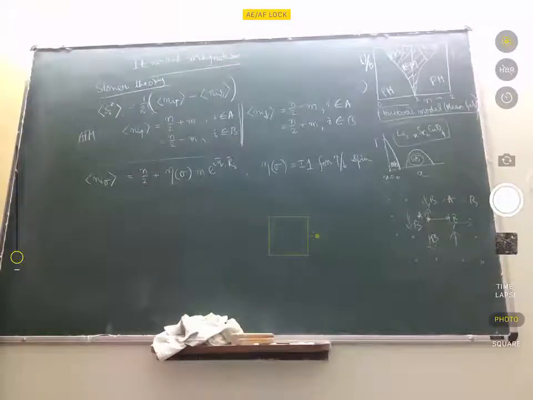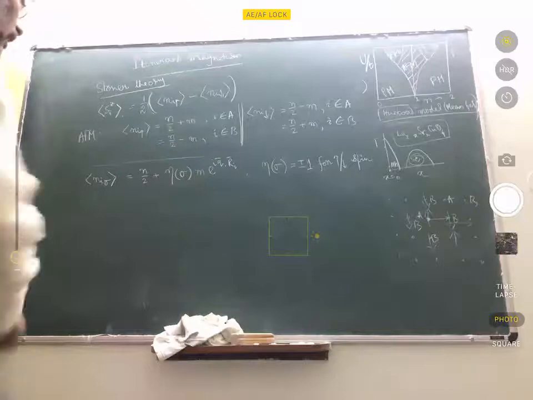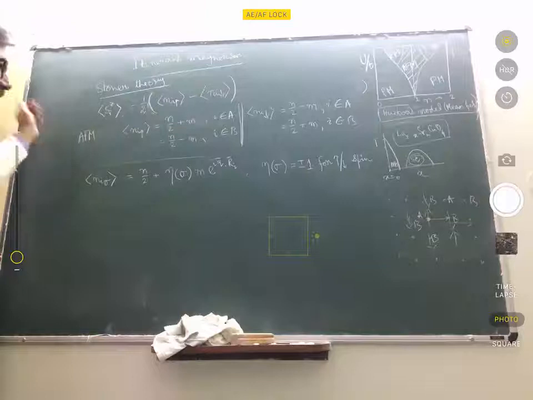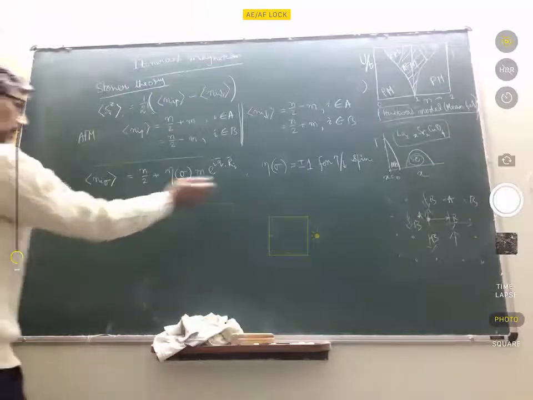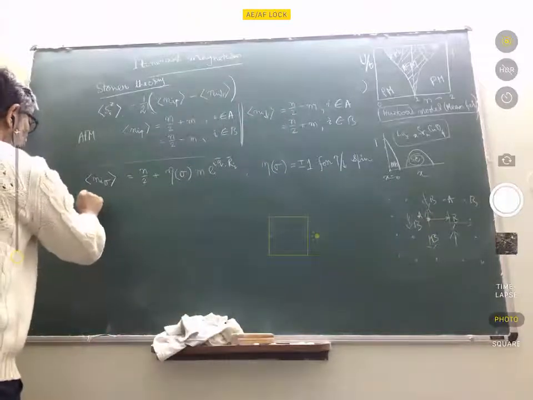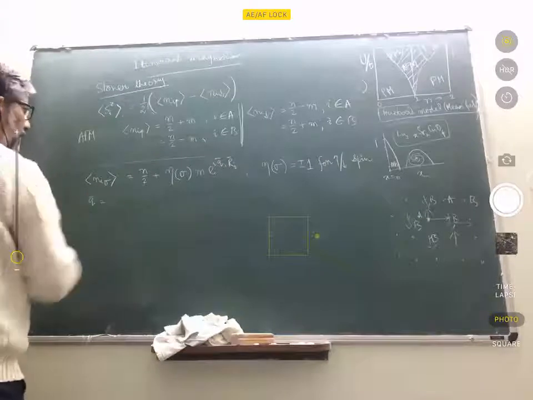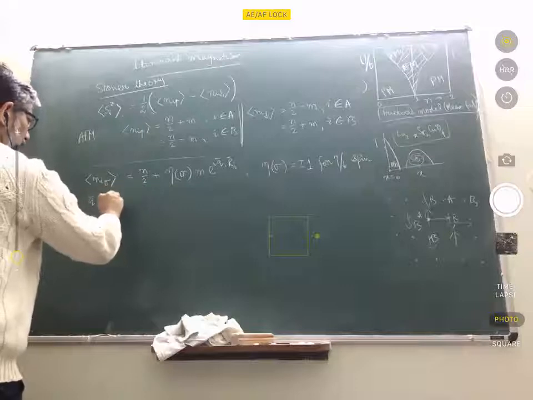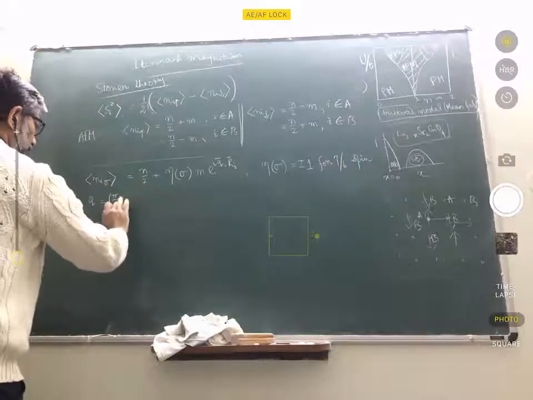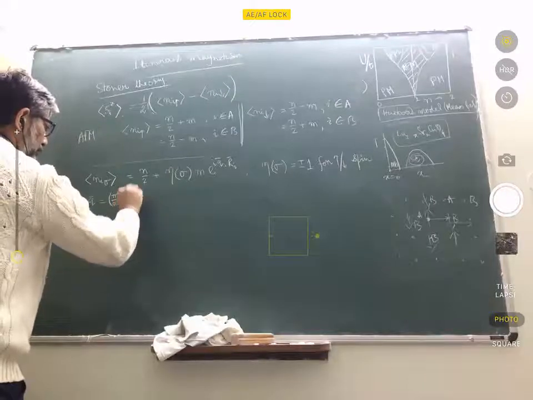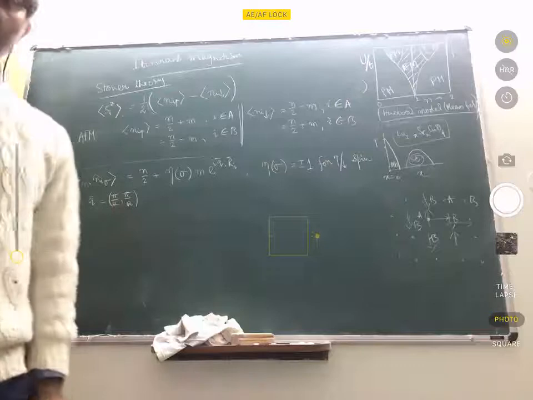So let us see how, using this, we can describe an antiferromagnet. Let us think of a 2D square lattice and take Q to be the vector (pi over a, pi over a).